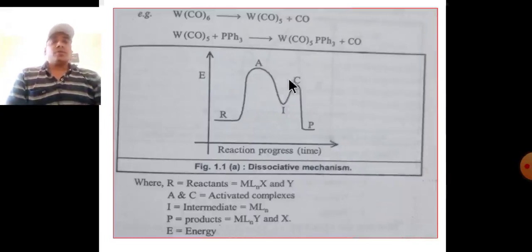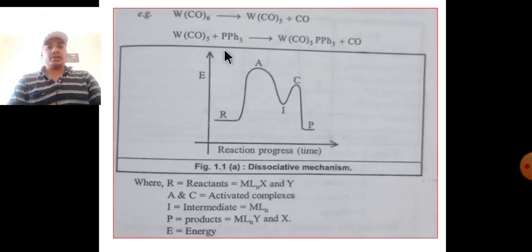An example of the dissociative mechanism is hexacarbonyl tungsten giving pentacarbonyl tungsten, which then reacts with triphenylphosphine to give pentacarbonyl triphenylphosphine tungsten. The energy profile diagram shows reactant converted into activated complex, then into intermediate, and again into activated complex to form the product.